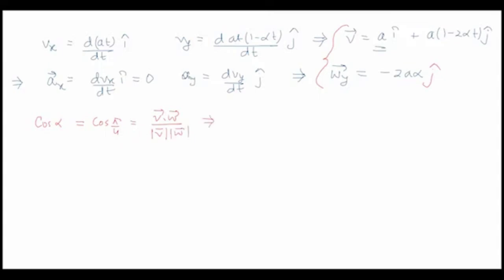On performing the dot product and substituting the values, we obtain cos pi by 4 is equal to 1 by root 2, which is equal to v dot a, which can be written as 2a square alpha (1 minus 2 alpha t), upon the magnitude of v, square root of a square plus a square (1 minus 2 alpha t) square, times the magnitude of acceleration, 4a square alpha square. From here, if we simplify this equation, we obtain t naught is equal to 1 by alpha for this particular problem.